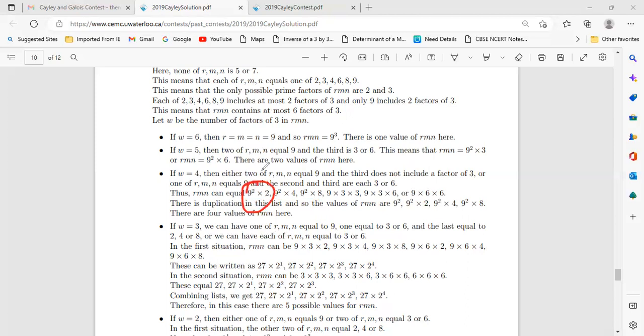It's 81 into 2, which will give you 162. And for this, it's 81 into 4, which will give you 324. And for this, you will have 648.